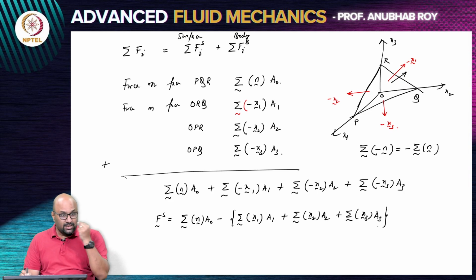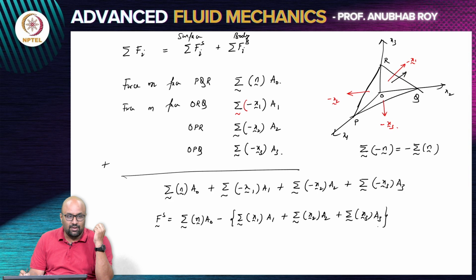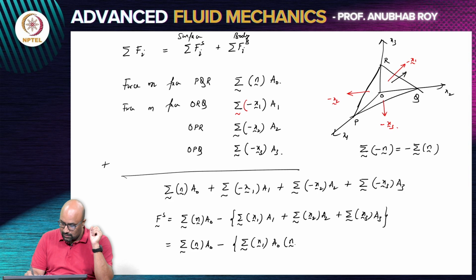We have also found what A1, A2, A3, etc. are in terms of the normals, right? So I can write this now as sigma n A naught minus sigma x1, and if you remember, the area vector on the face ORQ, A1, was actually A naught n dot x1, right?